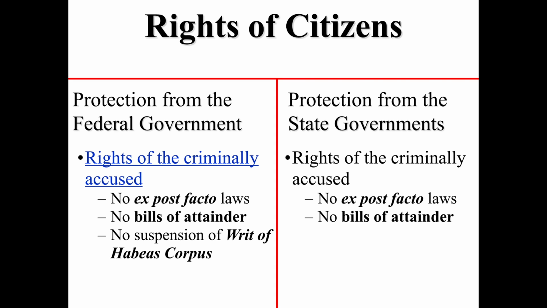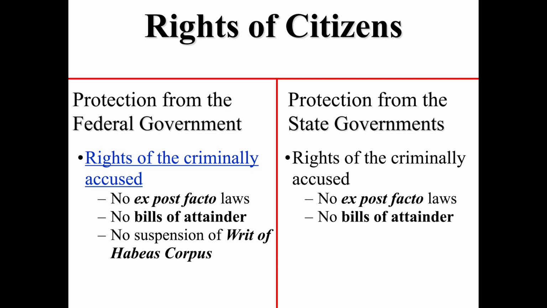We don't allow for bills of attainder, which kind of goes back to our breakaway from England. And then no suspension of the writ of habeas corpus. We'll also talk about that. And the same basic protections that you get from the state governments over there on the right: no ex post facto laws, no bills of attainder.